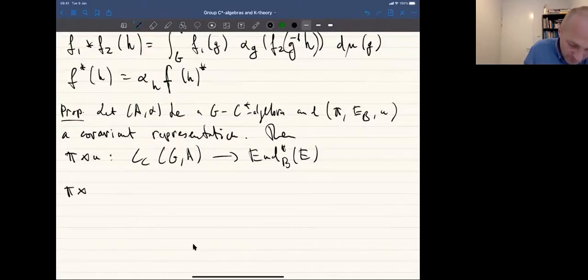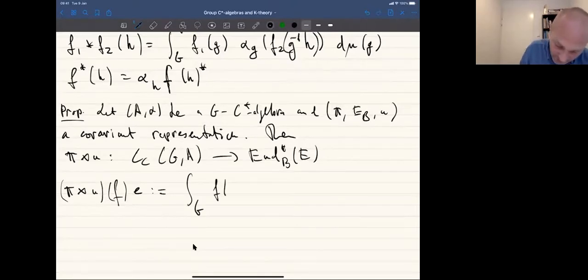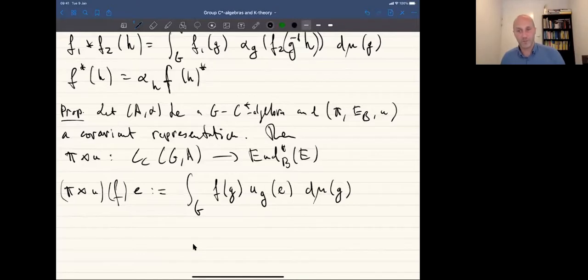And this is defined on a function f. So pi cross U of f should act on an element E, and this by definition will be given by this formula.